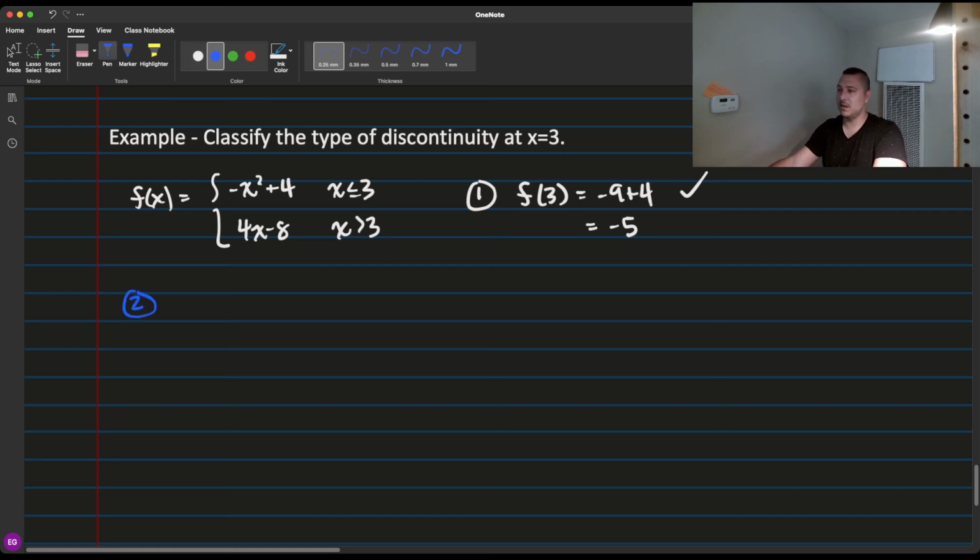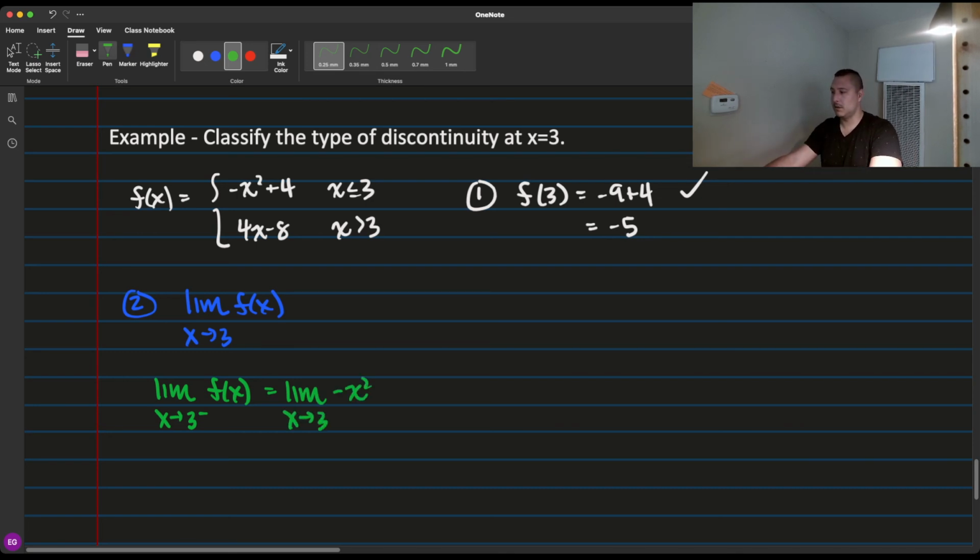Okay, then you ask yourself, well, does the limit exist? Well, you have to look at the limit as x approaches 3 of our function. Okay, remember, because it's piecewise, you have to split it up into the two one-sided limits. Alright, so you're going to get the limit as x approaches 3 from the left, which is minus x squared plus 4. That's a polynomial, you can plug it in, you get minus 5.